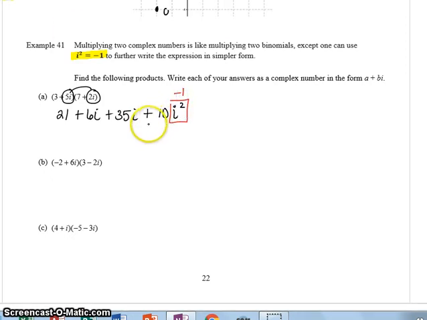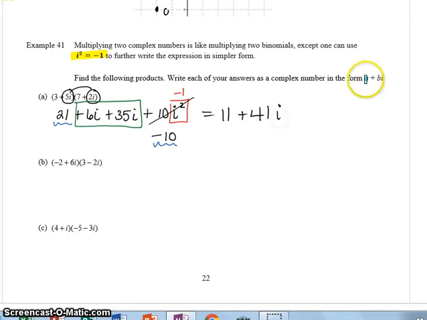So this whole thing changes to a negative 10, because 10 times negative 1 is minus 10. When I combine like terms, it's 21 minus 10, which is 11. And then I have 6i plus 35i, which is plus 41i. Pay attention that everything's always left in a plus bi form.